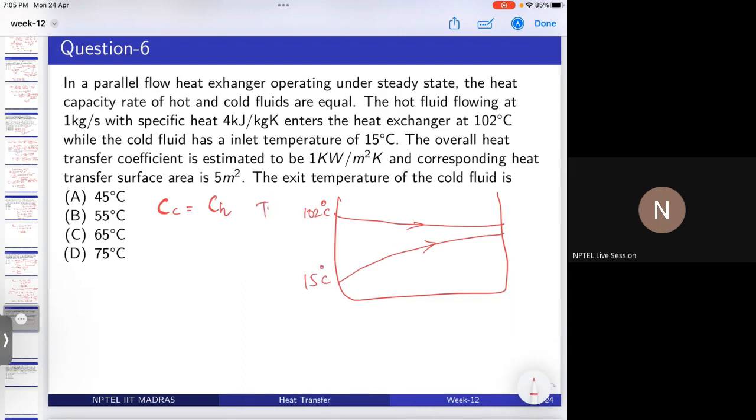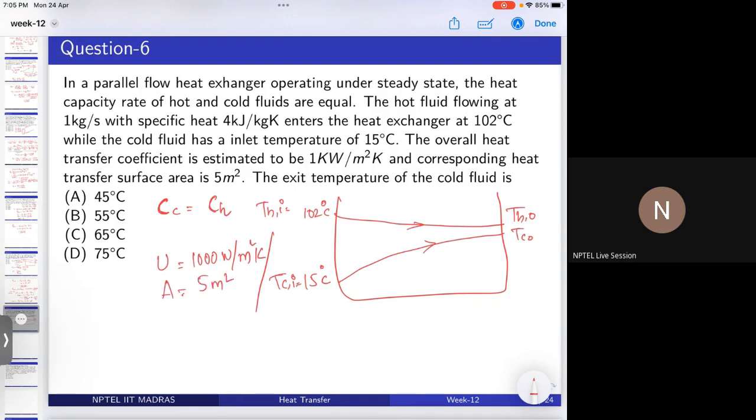So this is THI, TCI, THO, TCO. And the overall heat transfer coefficient is estimated to be, that is U is given, that is 1000 watt per meter square Kelvin, and the area is also given.